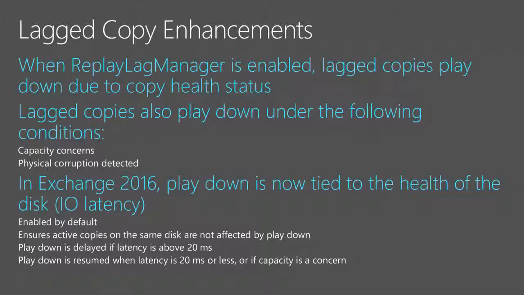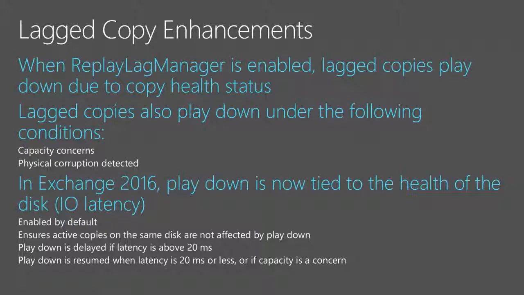Page patching is something we introduced in 2010 to fix a bad page in a database by getting a good page from one of its replicas. But in 2010, we couldn't page patch a lag copy because the lag copy might not be at the point where the database includes that page yet. But now, in 2013 and 2016, we'll bring that database forward to automatically patch it and make it good. And then the last thing is if there's some capacity concerns.